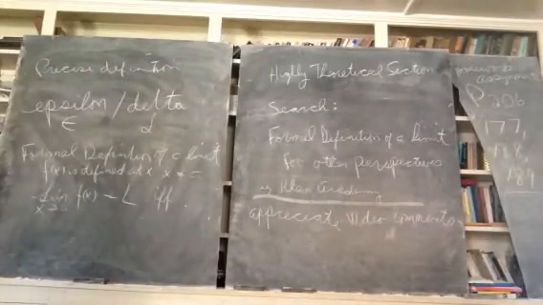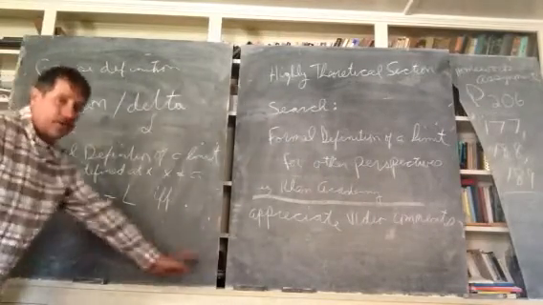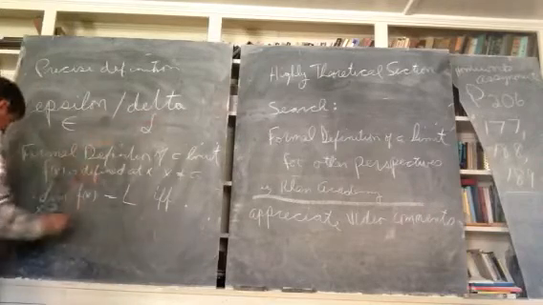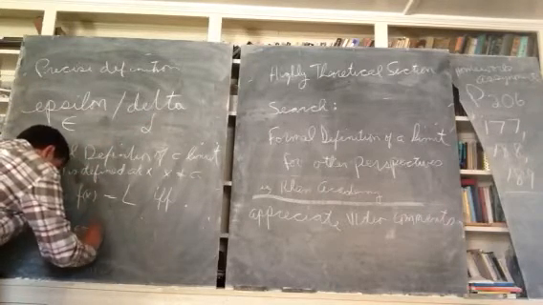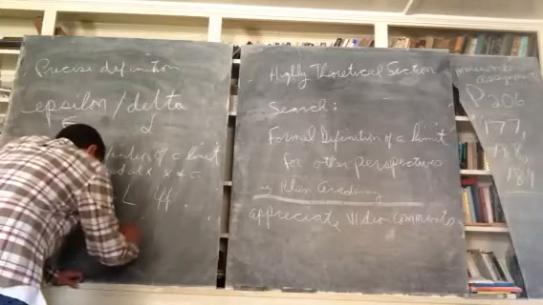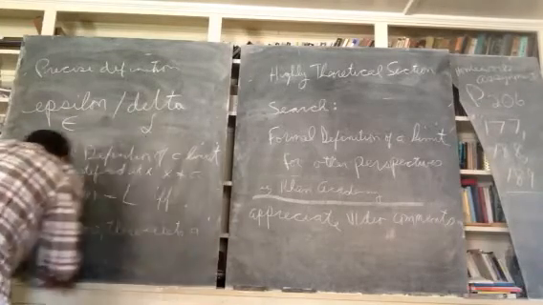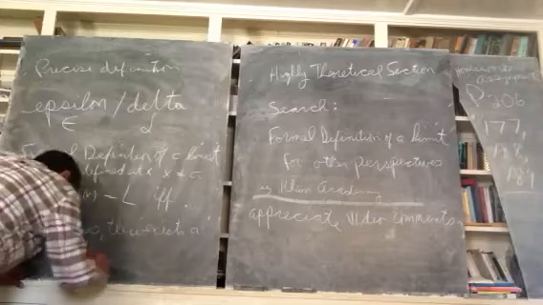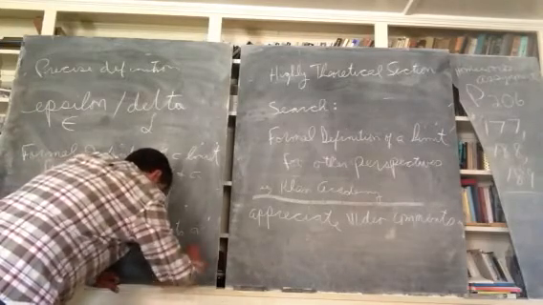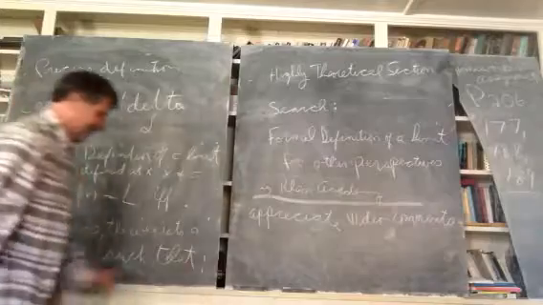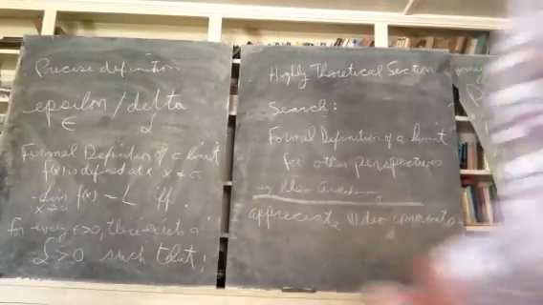if for every epsilon greater than 0, there exists a delta greater than 0 such that. I'm going to tear this sentence apart over this board again.